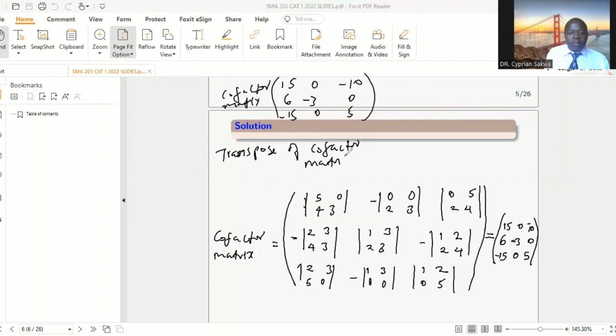By transpose, we just write the first row to be the first column, the second row to be the second column, and the third row to be the third column.